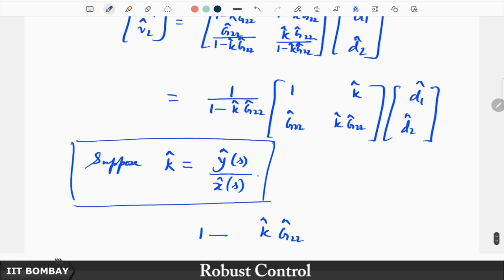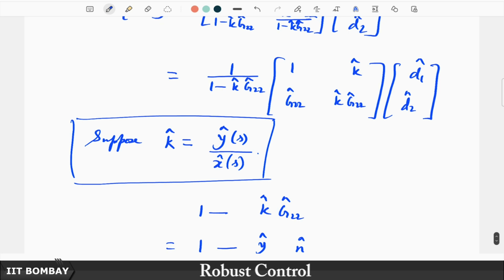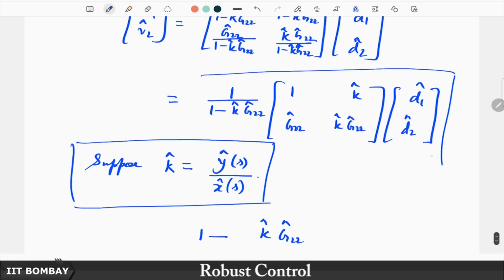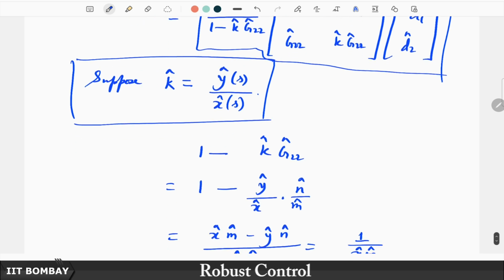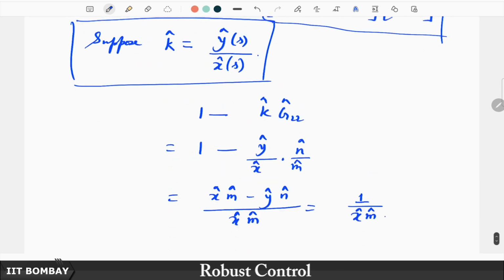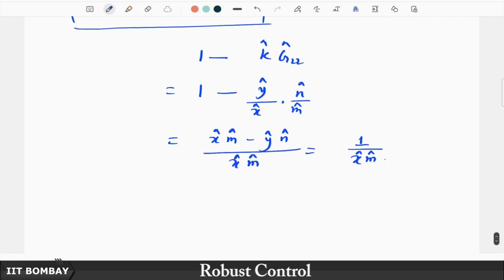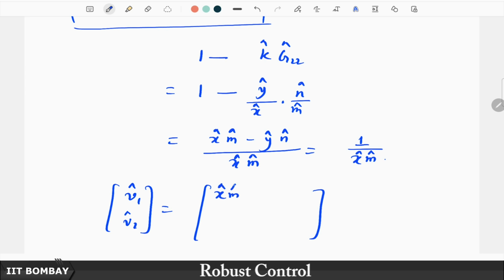So, now if I plug this back in and I write each of these terms in this particular expression, this k hat and g hat in terms of the x's and y's and the n's and m's, what does it turn out to be? Well, quite simply it turns out to be v1 hat v2 hat is nothing but x hat m hat.